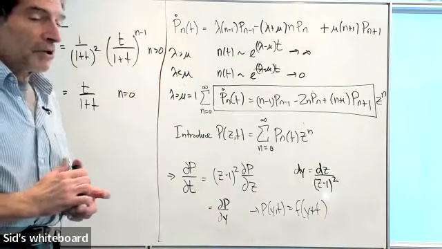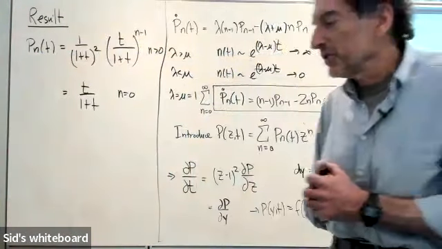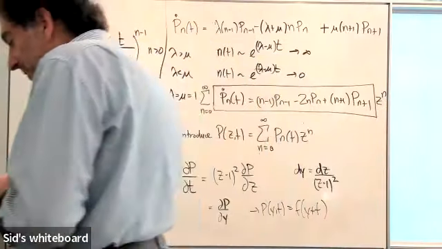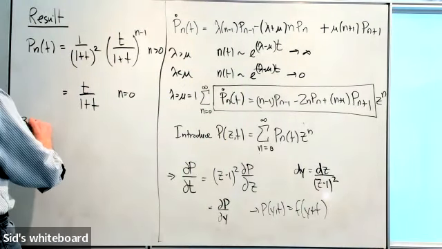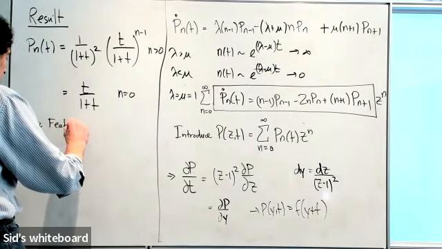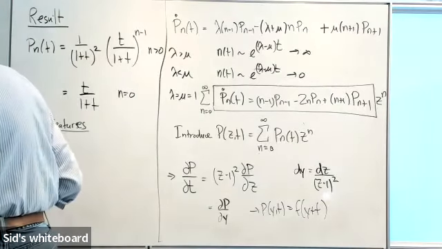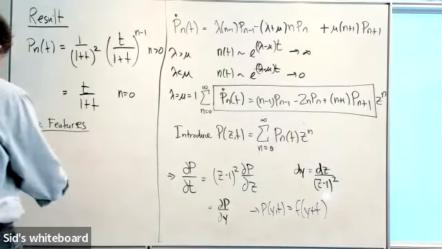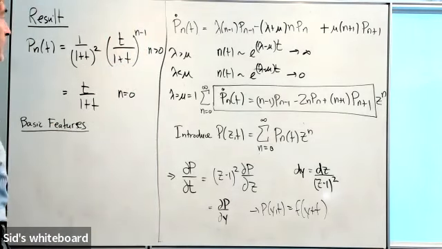And what I want to do in my remaining time is just discuss the physical properties of the solution, because they're also extremely striking. So basic properties or basic features. So first point is, you might say, well, now that we have the distribution, we can ask, like, what is the average of the distribution?